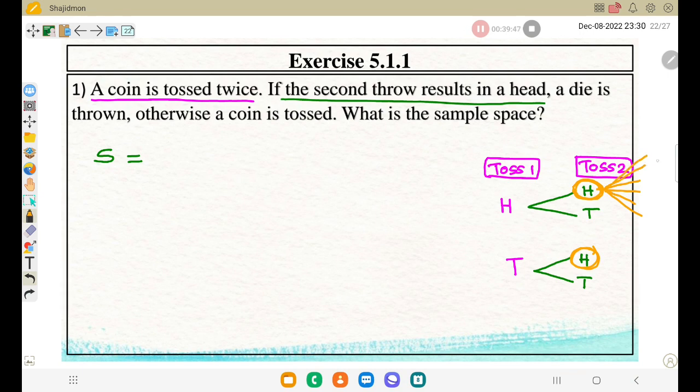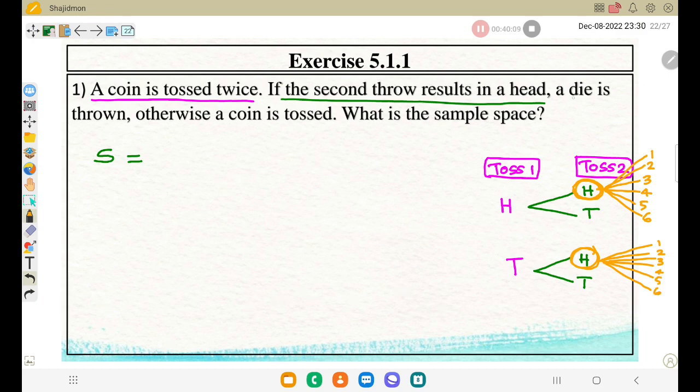You know that one. Either 1, or 2, or 3, or 4, or 5, or 6, correct? Here also same, when we are getting a head in the second toss, you need to throw a die, correct? So 1, 2, 3, 4, 5 and 6, like this option will come.